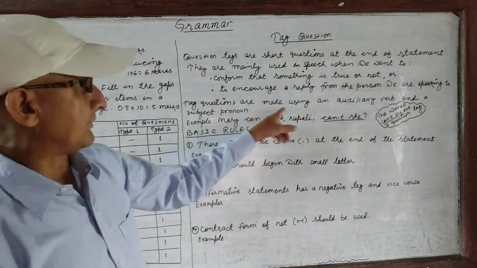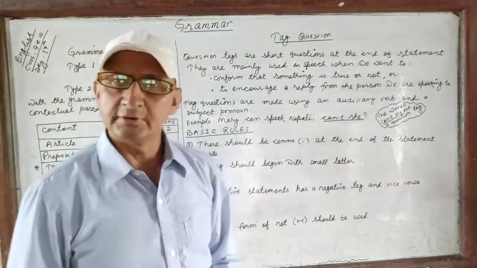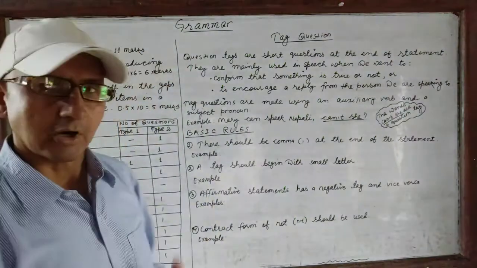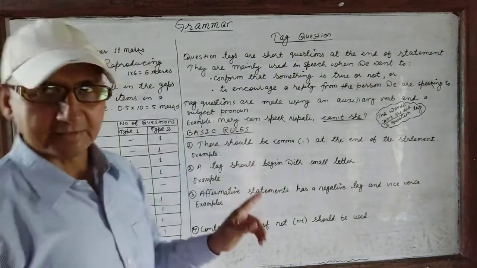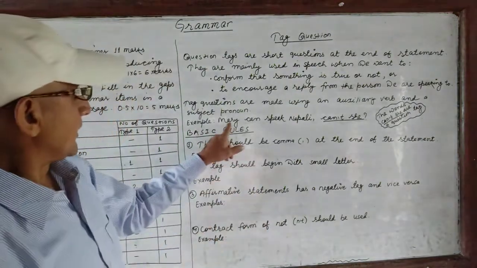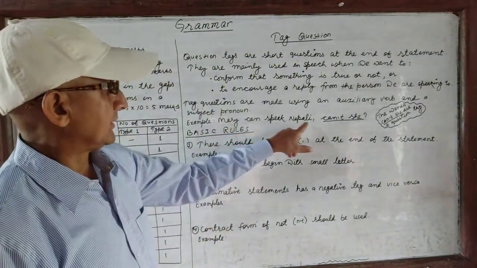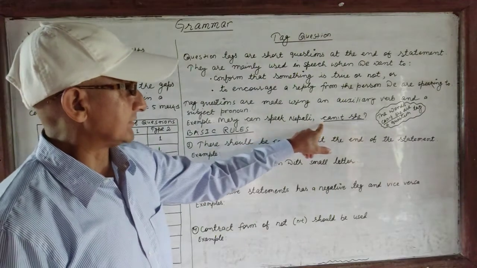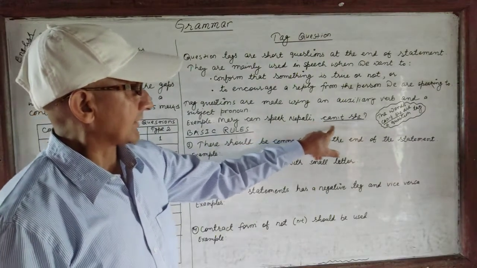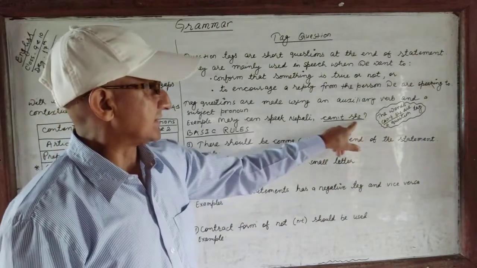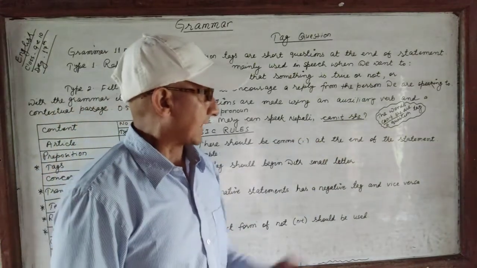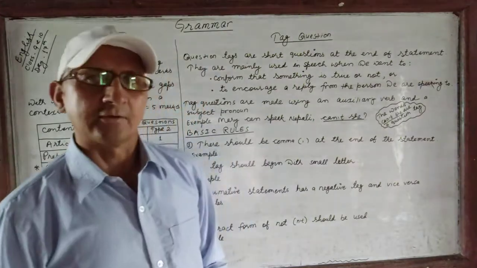Tag questions are made using an auxiliary verb and a subject pronoun. Let's clear it from the example. Mary can speak Nepali, can't she? The words can't she are a tag question.